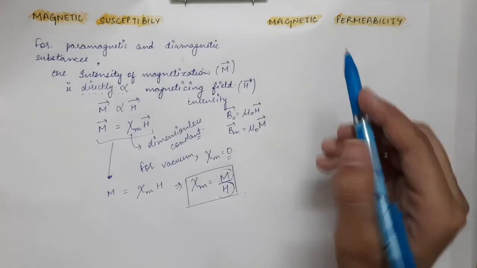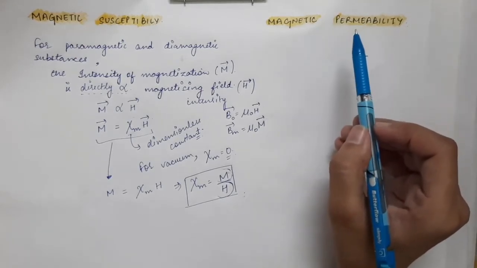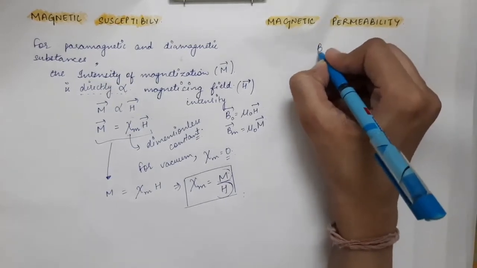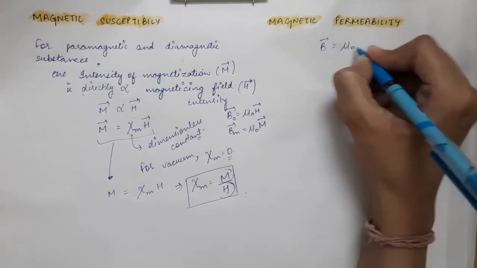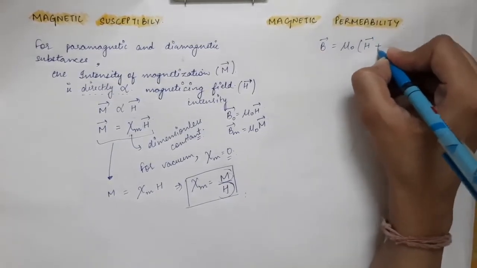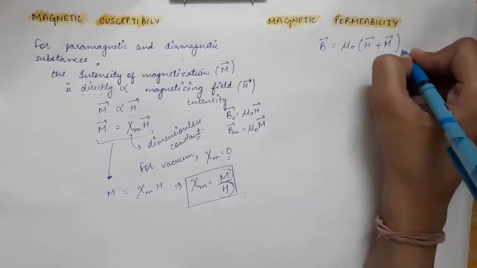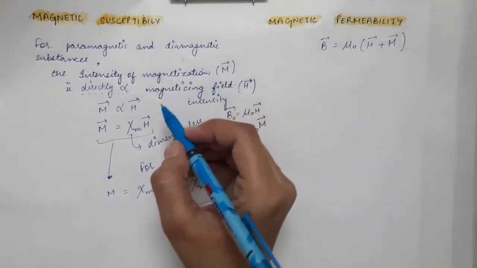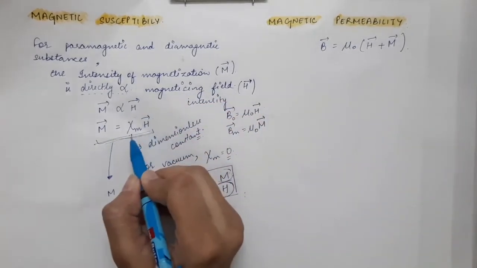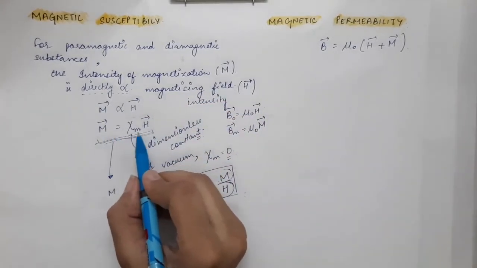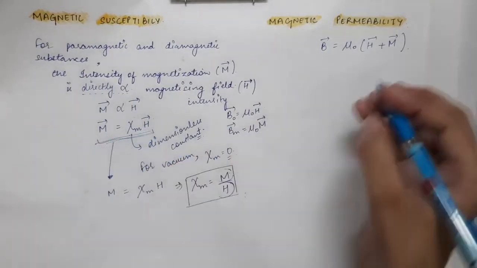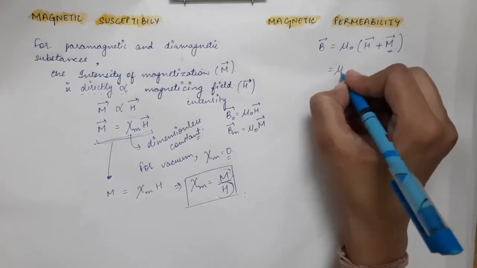Now we can find the formula of magnetic permeability. As we have seen, B vector is written as mu naught times H vector plus M vector. And from this formula you can write M vector as chi M times H vector.